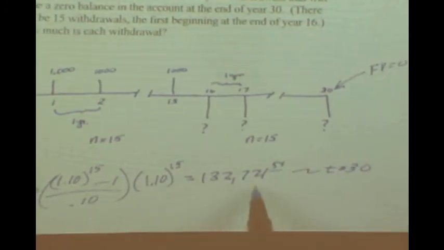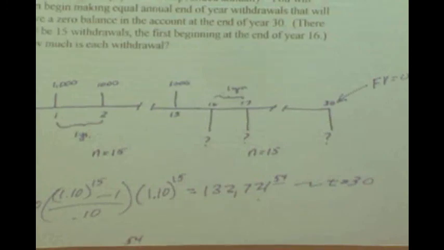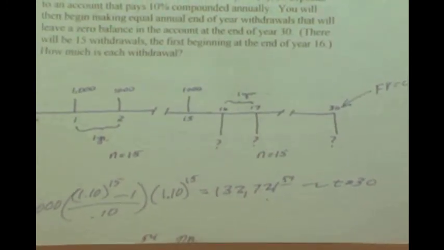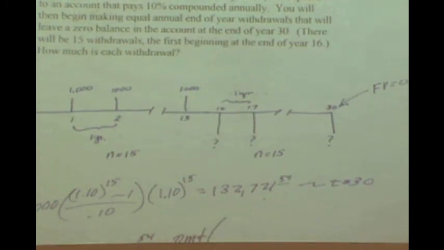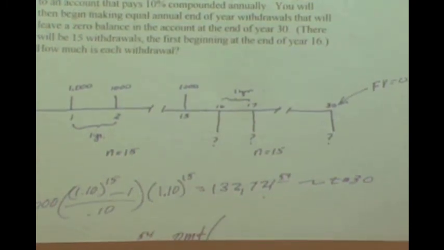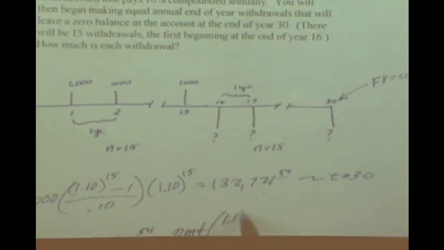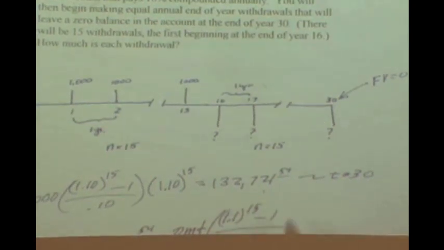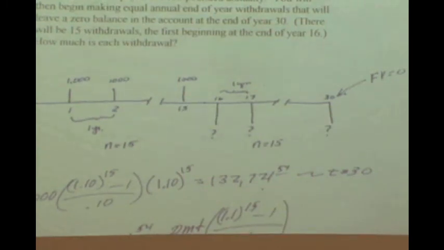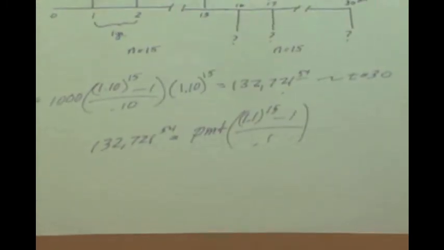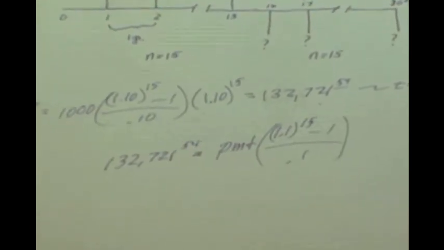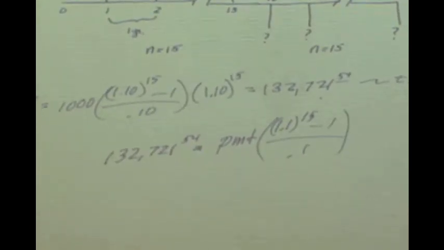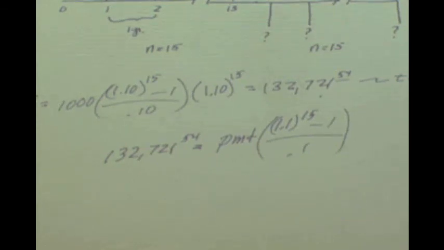If I make this amount the future value of this 15 payment annuity of unknown payments, then I can solve for the payment.